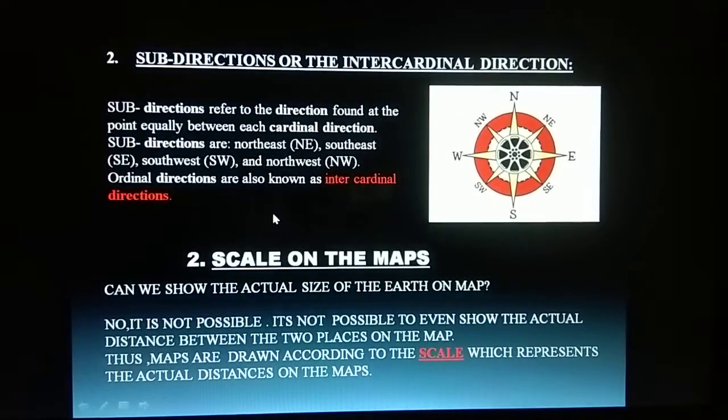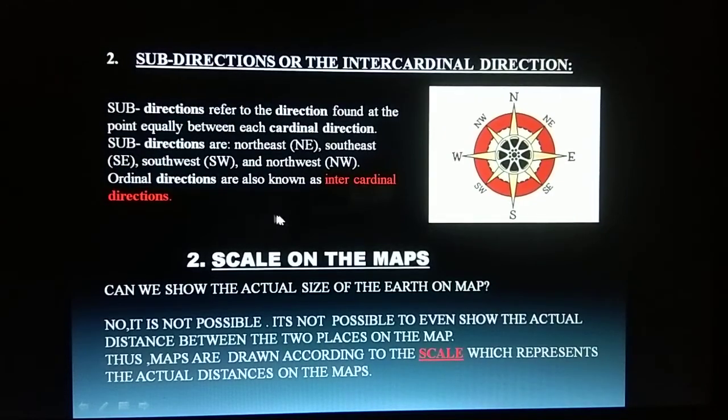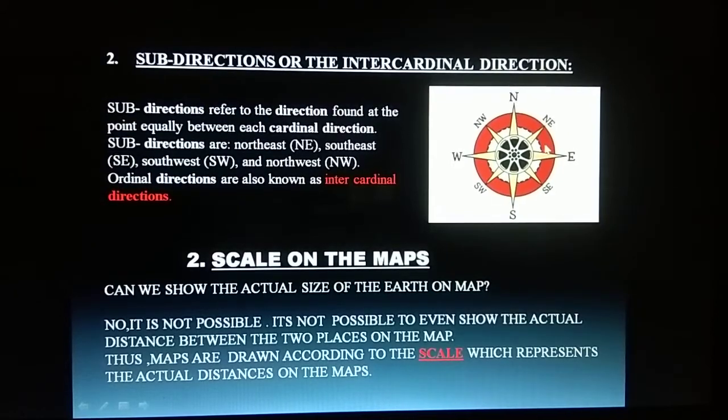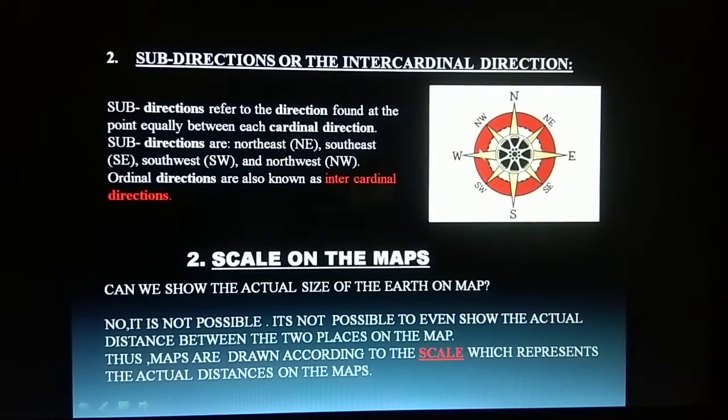Now the subdirections or the intercardinal directions. These subdirections lie between the two cardinal directions. If you look at the northeast point, it is coming at the center of north and east. In the same way, southeast is coming in the center of south and east.